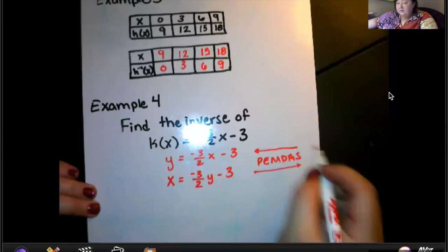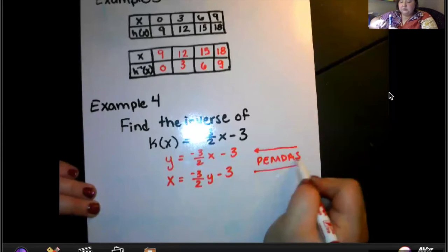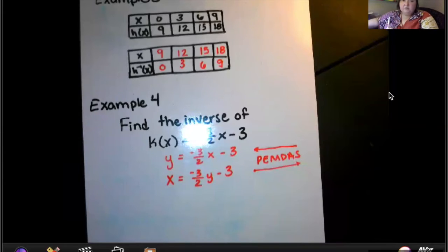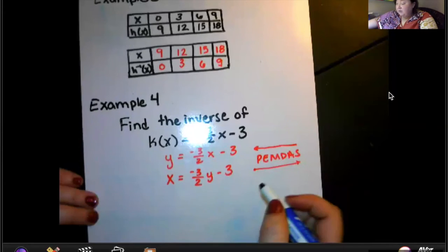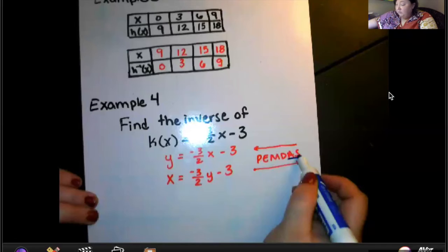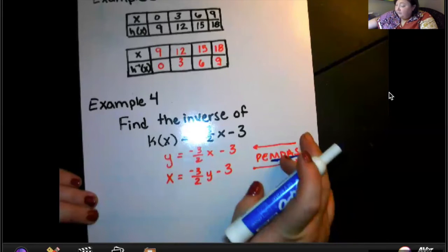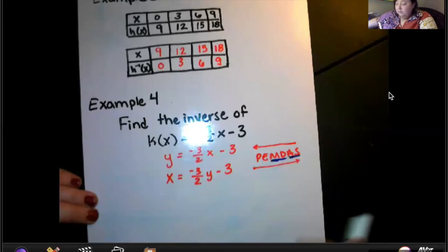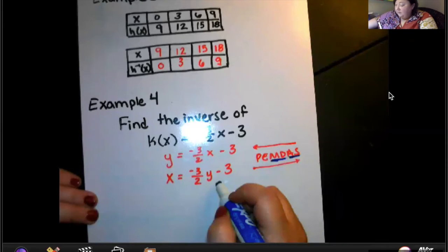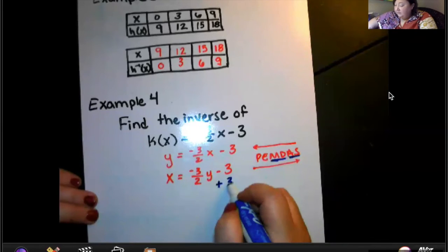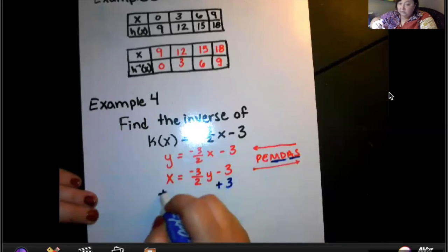We want to take care of the addition or subtraction first. So what is being added or subtracted? When addition and subtraction go together, multiplication and division go together. It's not that they're separate. So we want to add 3 to both sides, because that is what is being subtracted.